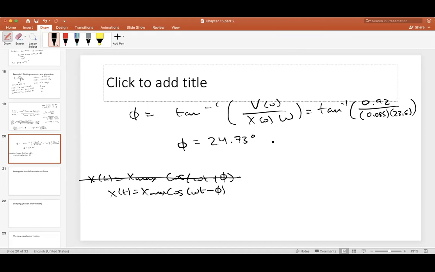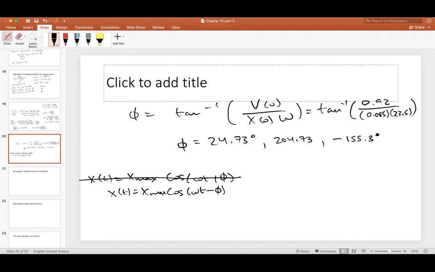I need to remember that theta, or phi, because it's tangent, you could add 180, which would give me 204.73, or I could subtract 180, which would give me negative 155.3, let's say.